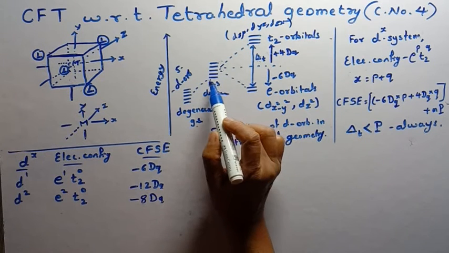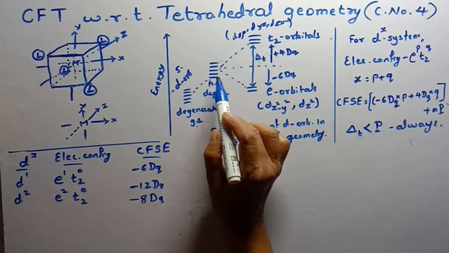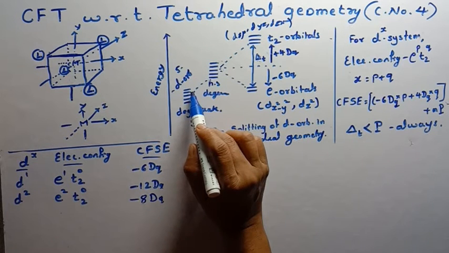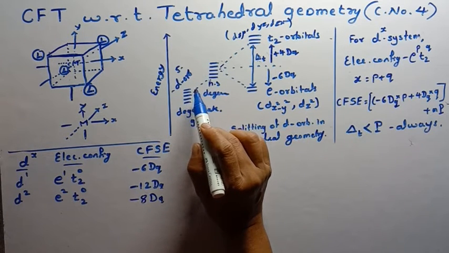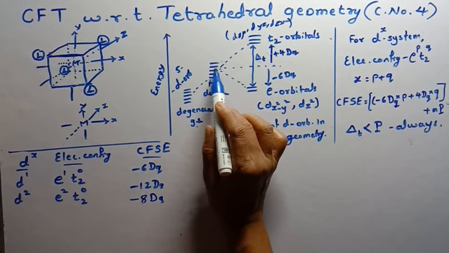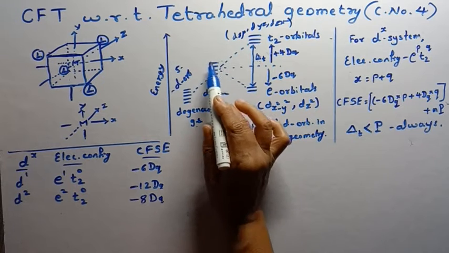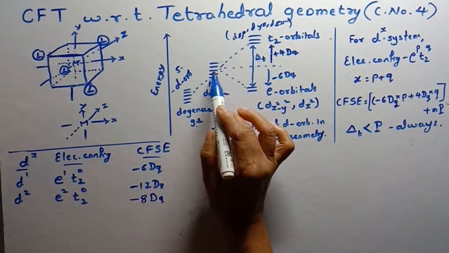So now all the 5 d orbitals are equidistant from the ligand field. Hence there is an interaction, and as a result the energy of the 5 d orbitals is raised to the same extent. Therefore all the 5 d orbitals still remain degenerate, and this is only a hypothetical state.